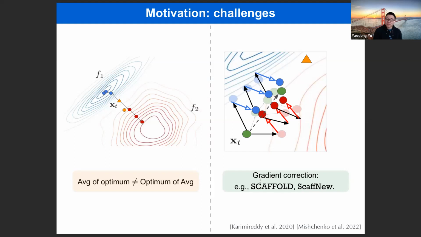By leveraging the gradient correction based approach, at least for the convex case, we can probably tackle this; the data heterogeneity can probably be handled by it. And in this very nice setup, say a strongly convex and smooth setting, we can get linear convergence by using this gradient correction based approach.